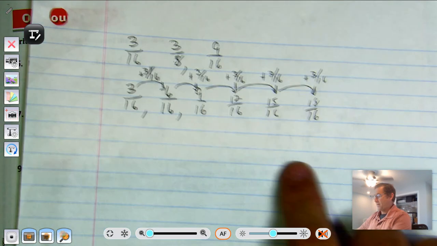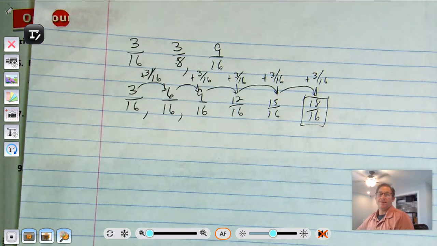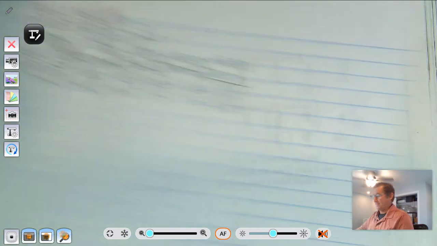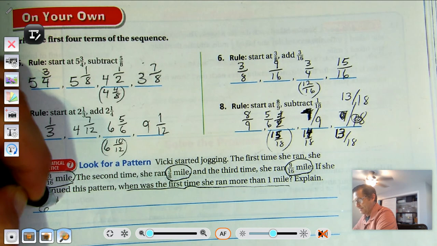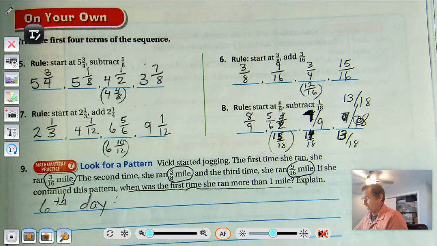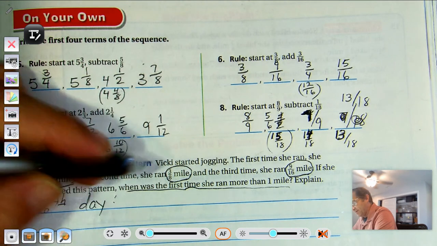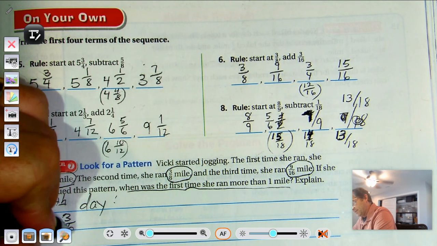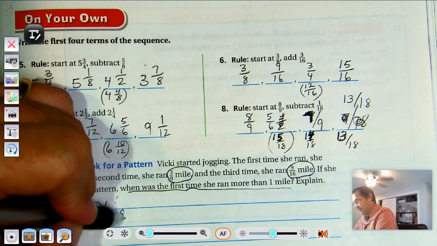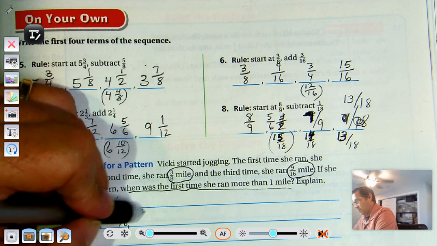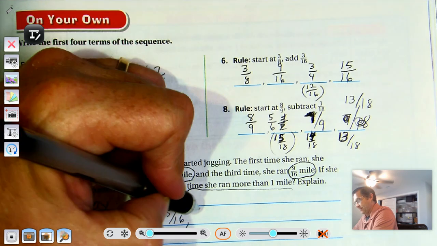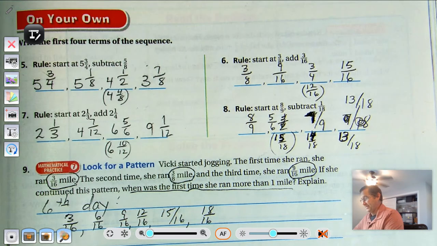So when did she reach a mile? This one right there, right? So 1, 2, 3, 4, 5, 6, on the 6th day. And explain, well, we can just use our pattern. 3/16, 6/16, 9/16, 12/16, 15/16, 18/16.